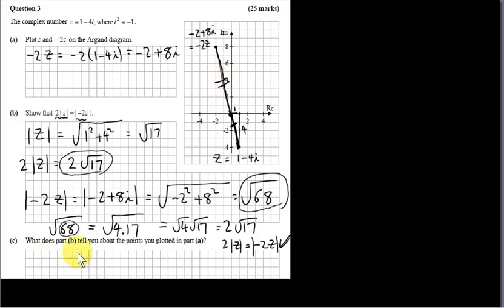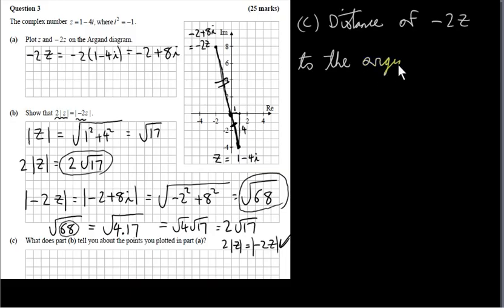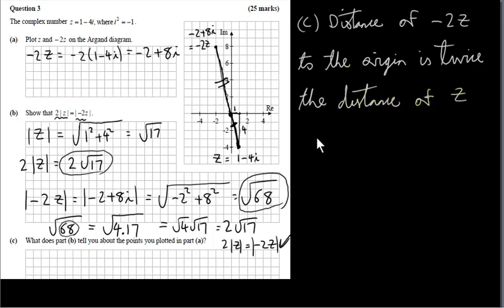So in words then we could say, I'll write it over here, the distance of the complex number minus 2z to the origin is twice the distance of the complex number z to the origin.